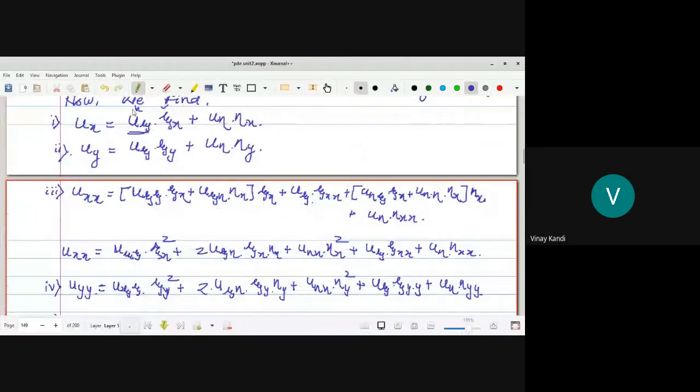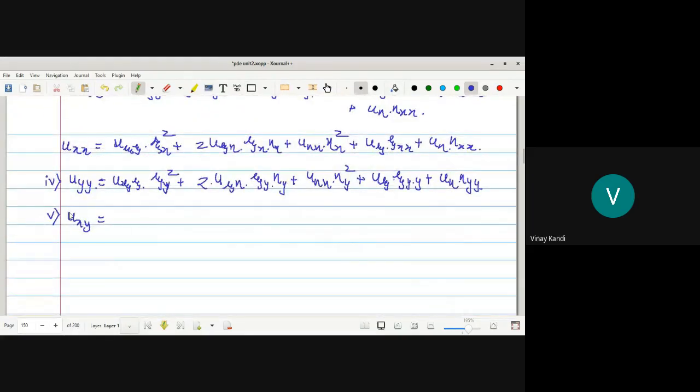Here the product rule is used: first and second. Look at the value of u_ξ y: in the bracket, u_ξξ into ξ_y plus u_ξη into η_y. This is the derivative of first, with second as it is, ξ_x, plus second as it is, first as it is, derivative of second ξ_xy.